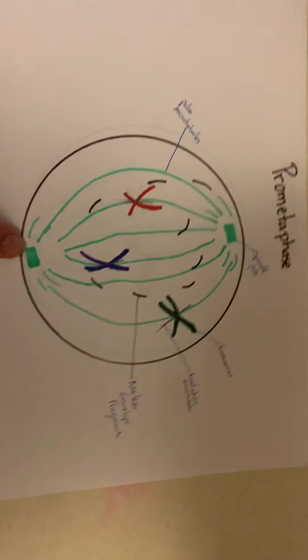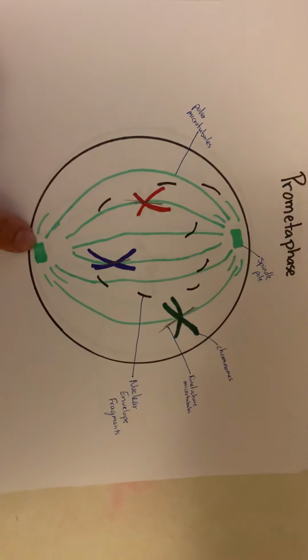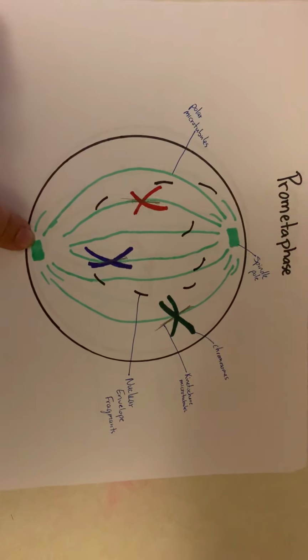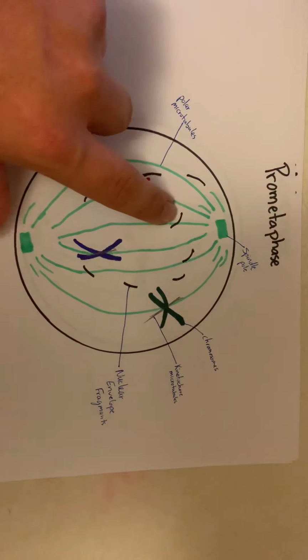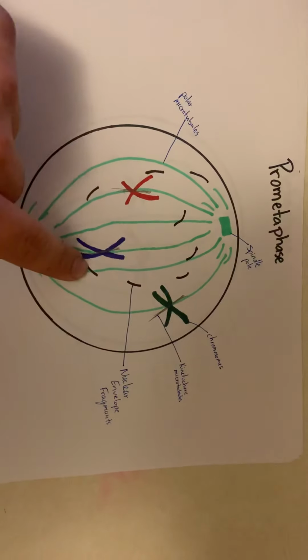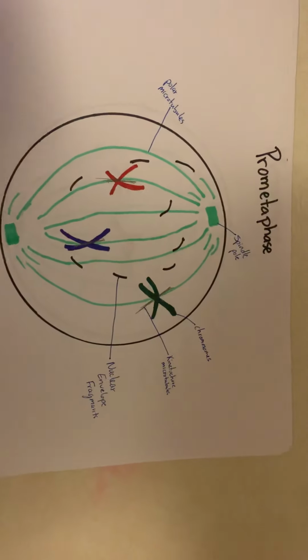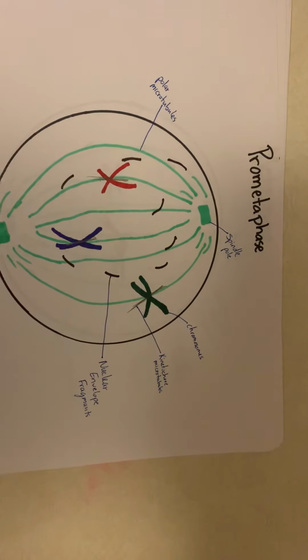They're going to be in turquoise throughout the entire illustrations. And as you can see, these black little fragments, they're the nuclear envelope, since between prophase and prometaphase, it was dispersed and kind of released into the cytoplasm.